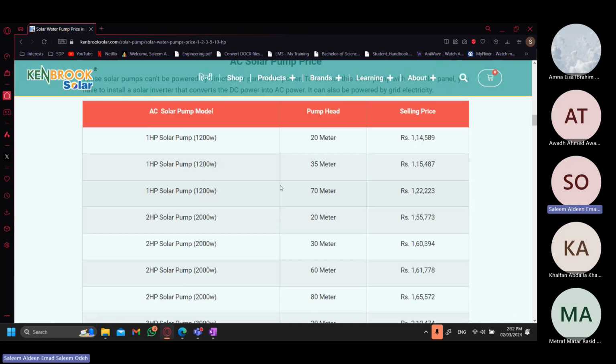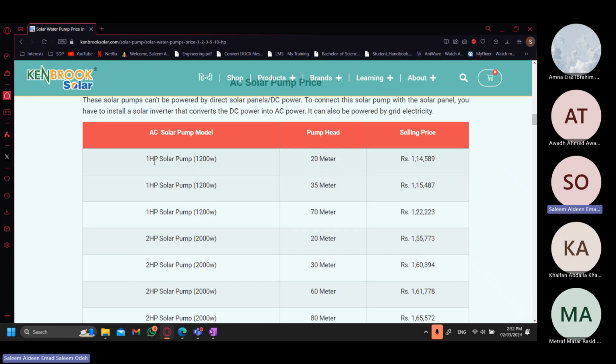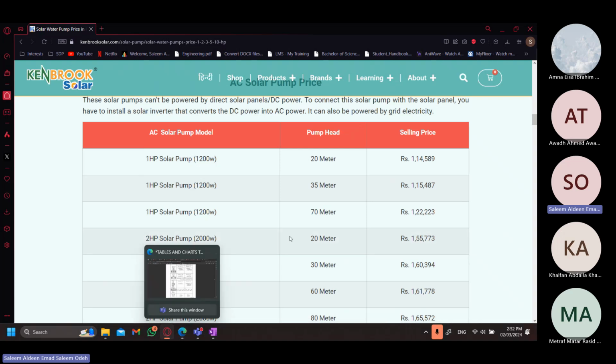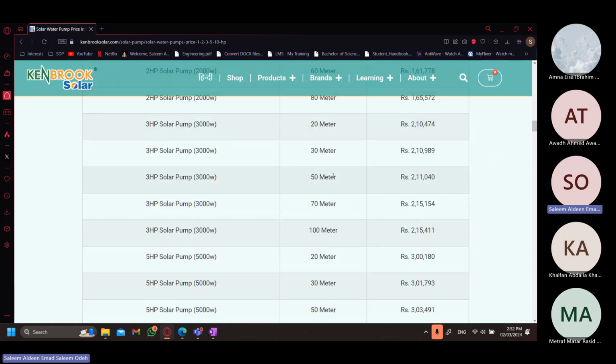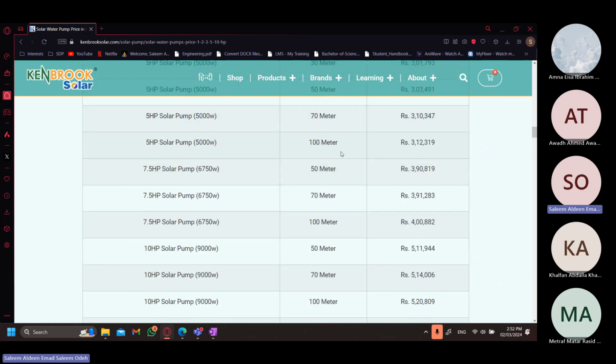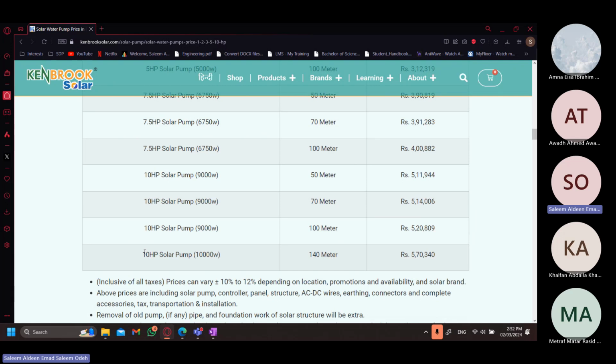We'll keep going until we find a pump that is suitable with our pump head. Now we calculated our pump head to be 108. So all of these are less than 108. This is close, but it's not reaching the minimum of 108 that we need, except for the last one, which is a 10 horsepower solar pump with 10,000 watts.